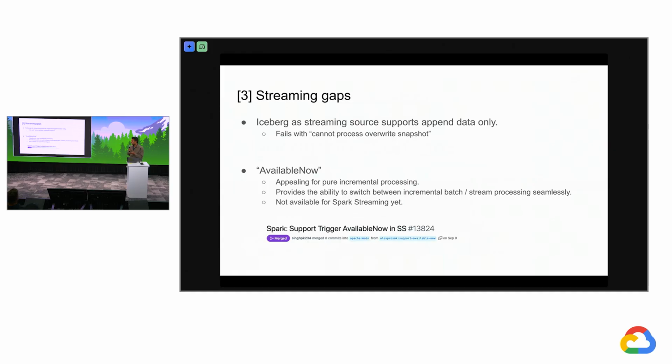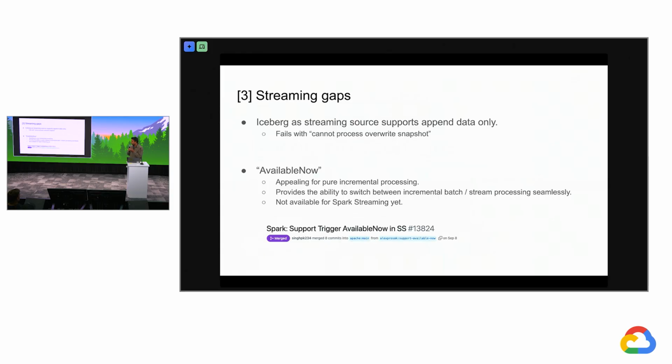But when you have deletes, it fails with "cannot process overwrite snapshot." And there are also a few other things, like Available Now of Spark Structured Streaming was not there.